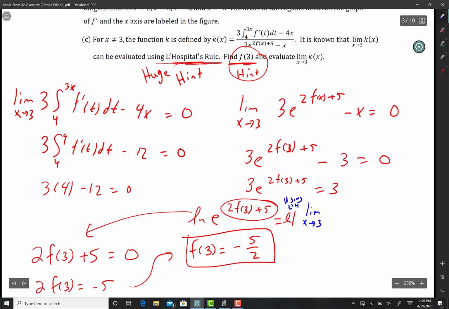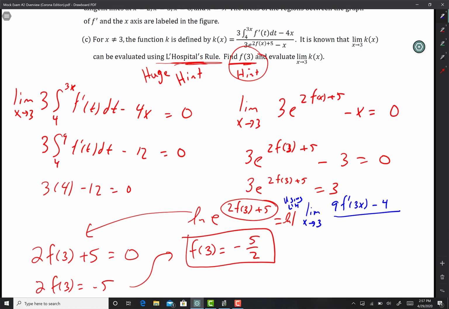And I'm taking the derivative of the top. So 3 times f prime of 3x times 3. That's going to turn that 3 into a 9. So 9 f prime of 3x minus 4 over, and then the bottom, we got to use chain rule, guys.